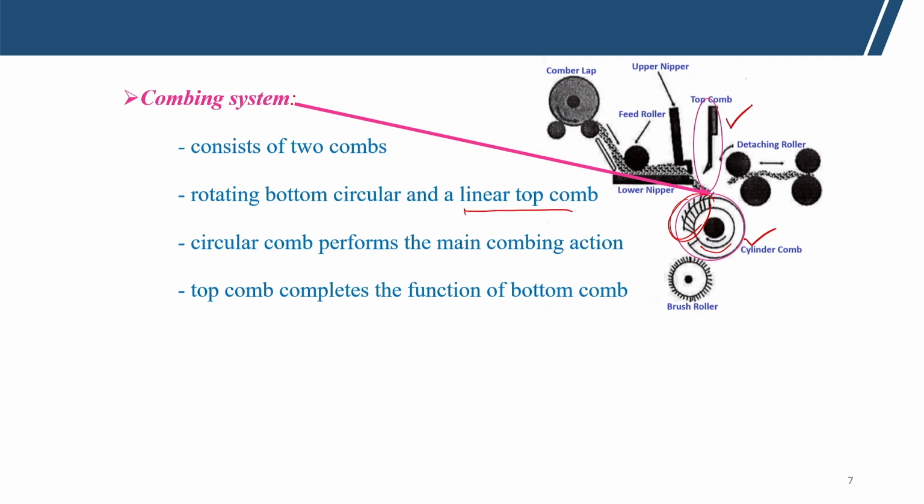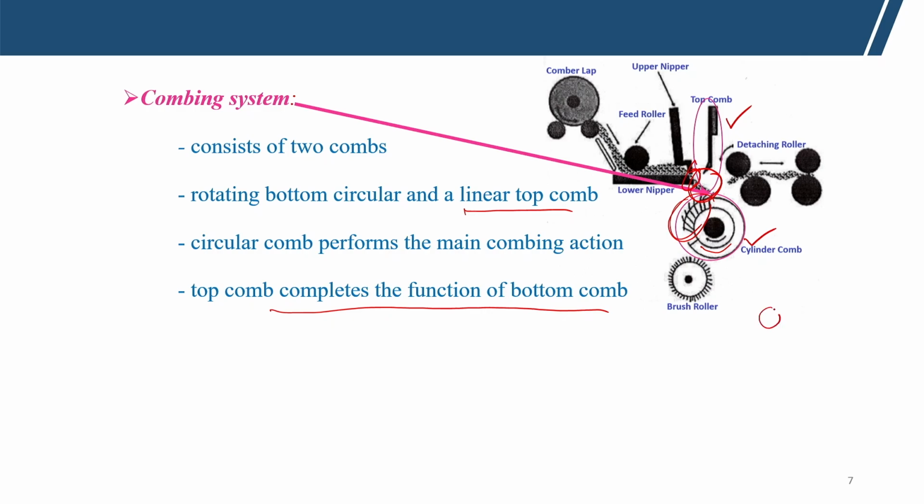The linear top comb is just like our hair comb, with very fine pins on a bar. The circular comb performs the main combing action. It combs the front or leading end of the fiber fringe. The top comb completes the function of the bottom comb, combing the trailing part during the detachment process.